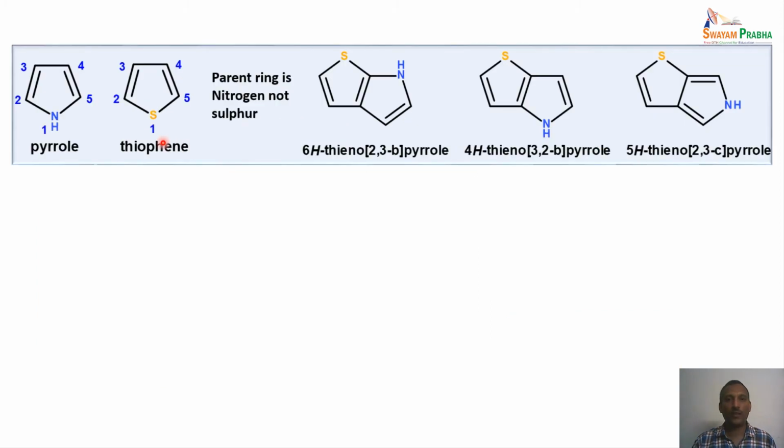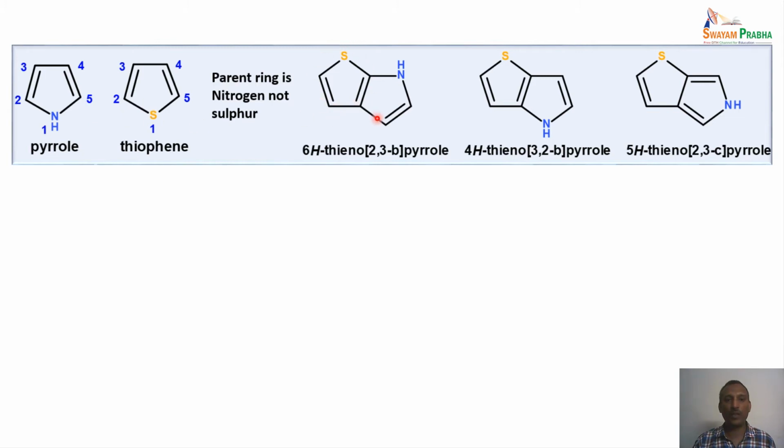Let us continue with our nomenclature with some slightly more complicated cases. So we have a pyrrole ring, and we have a thiophene ring. Between these two rings, the pyrrole ring gets the highest priority. So this is considered the parent. We have a couple of types of fusion for the same compound.